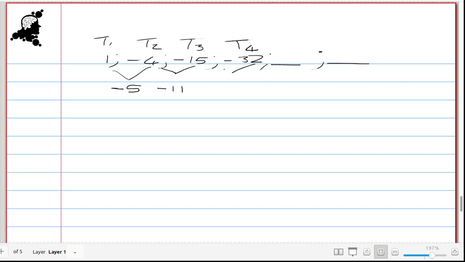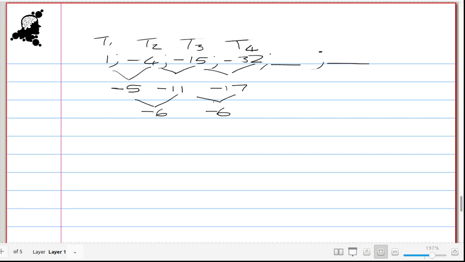So that's the same as saying negative 32 plus 15, and it gives me -17. I can now find my second differences by saying negative 11 minus -5. So that's the same as saying negative 11 plus 5. This is going to give me negative 6. Negative 17 minus -11. That's the same as saying negative 17 plus 11. That's still going to give me negative 6.